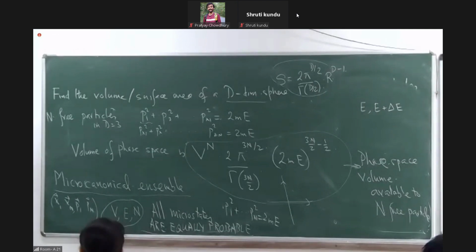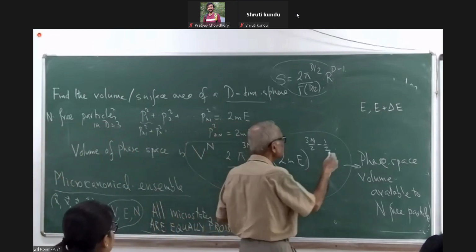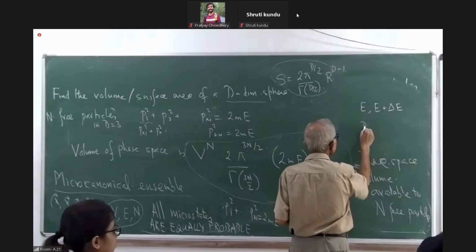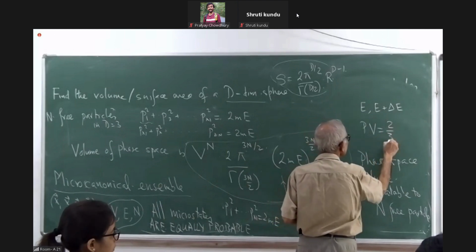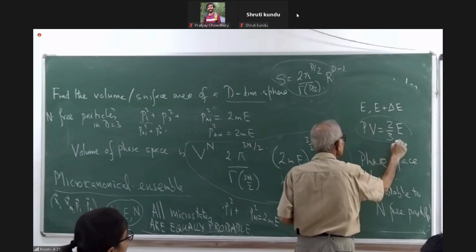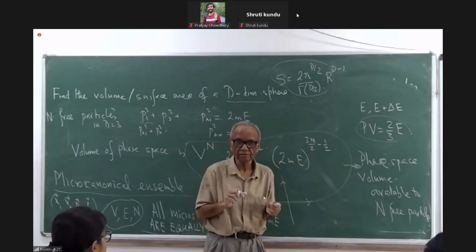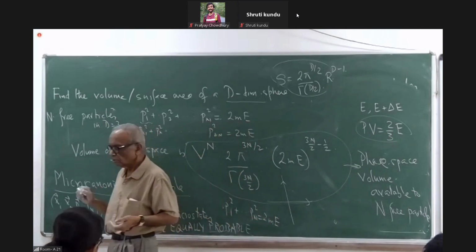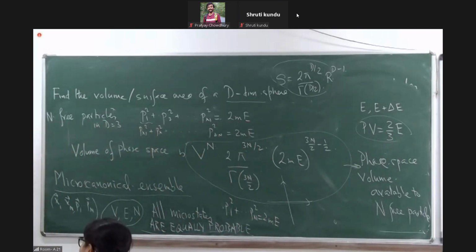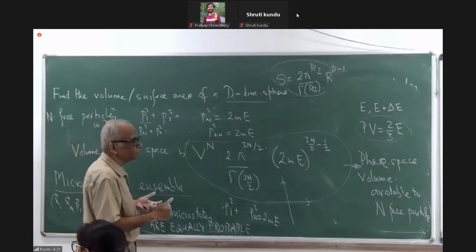What does the dynamics do? When we calculated the pressure, remember, we got P equal to 2/3 E, and that relation came by actually looking at the dynamics of the particles. The dynamics of the particles were responsible for this pressure.